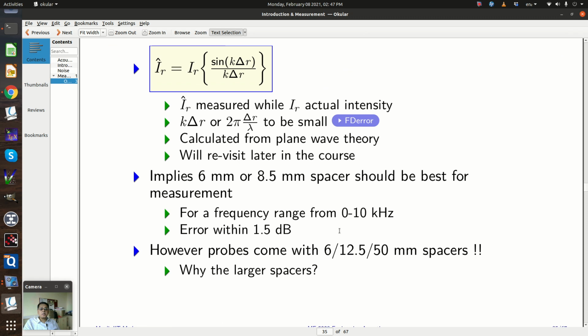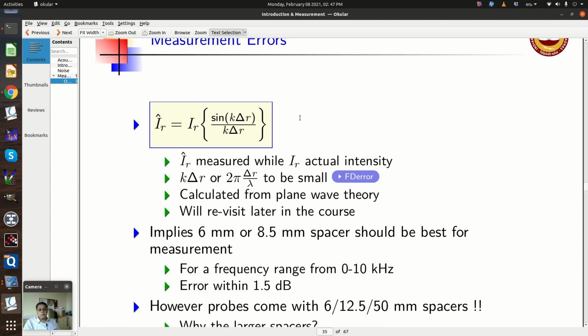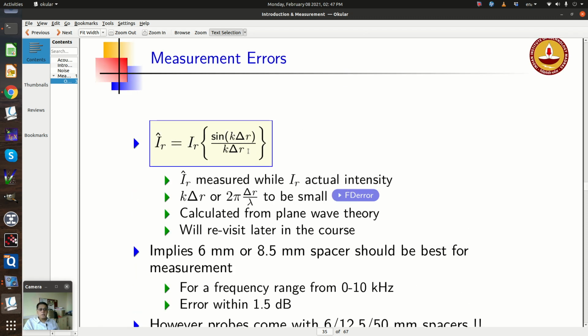There are errors that come from the use of this intensity probe. One of them is what we call the finite difference error. I_R is the actual intensity, I_R hat is what we measure, and they are related by sin(k delta R) over k delta R. That is nothing but a sinc function.